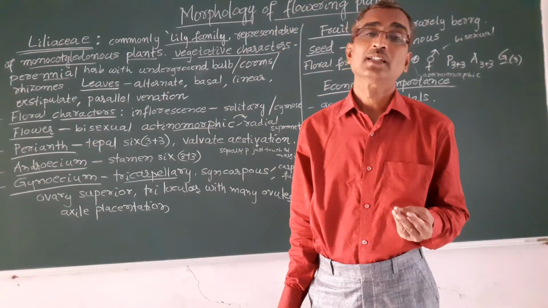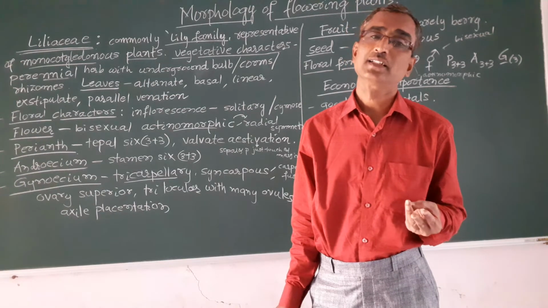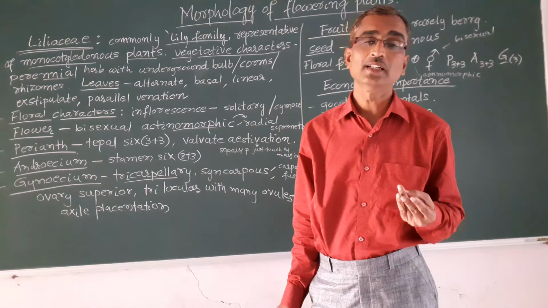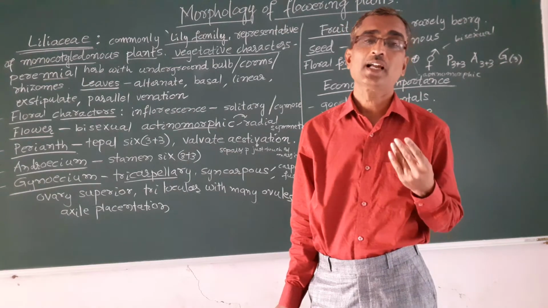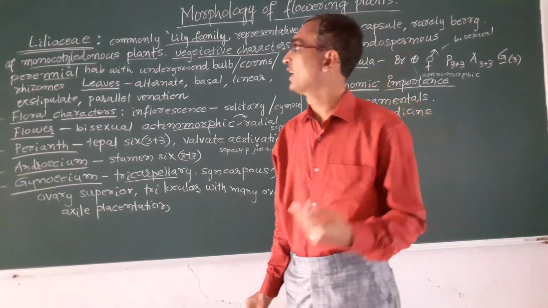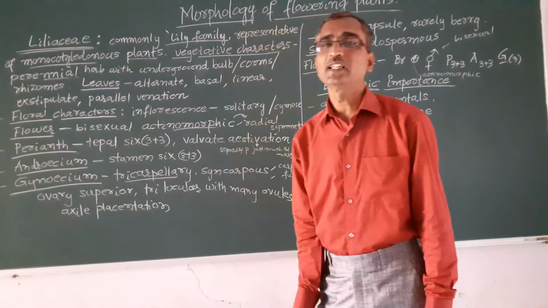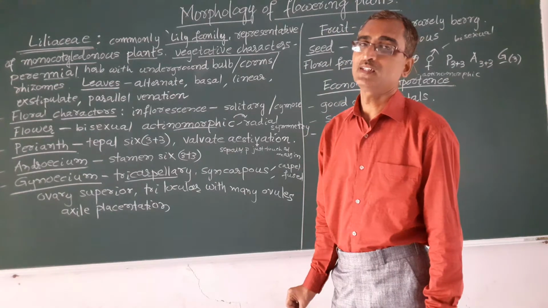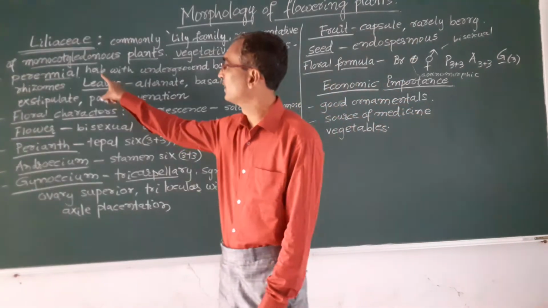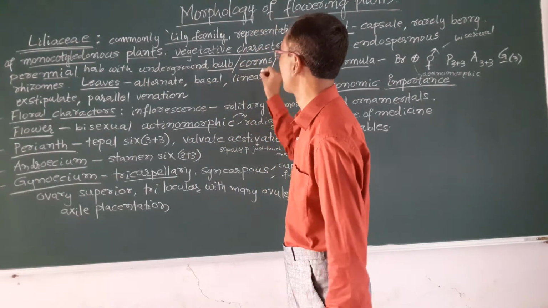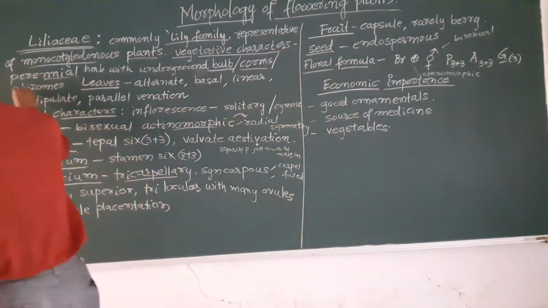Annuals complete their life cycle within a year, biennials within 2 years, and more than 2 years, they are known as perennials. Liliaceae members are perennial herbs with underground bulbs and rhizomes.